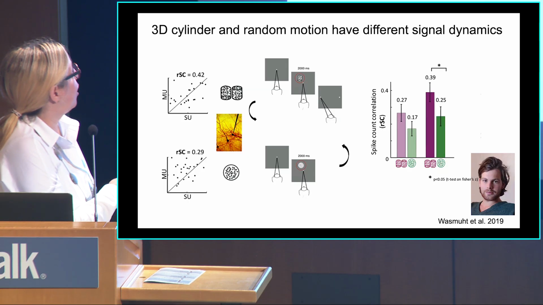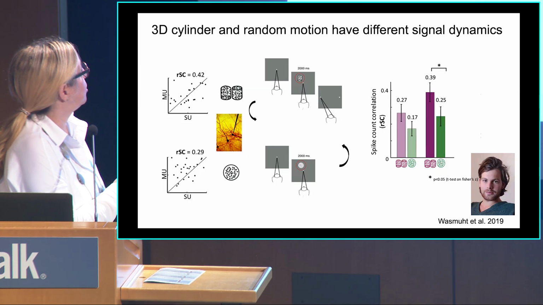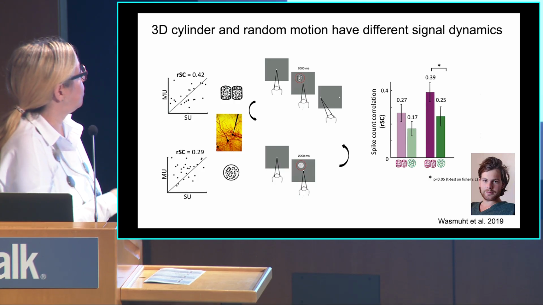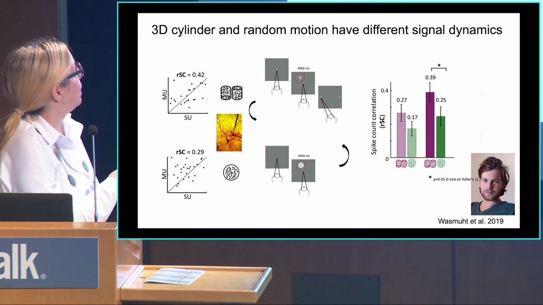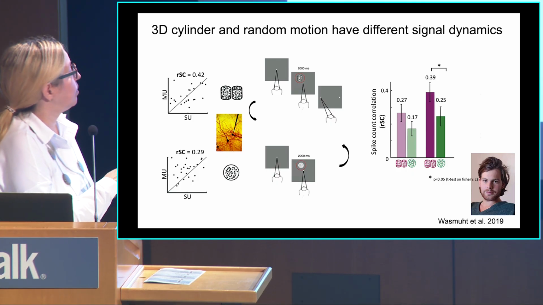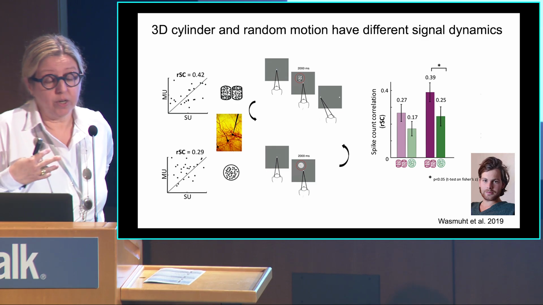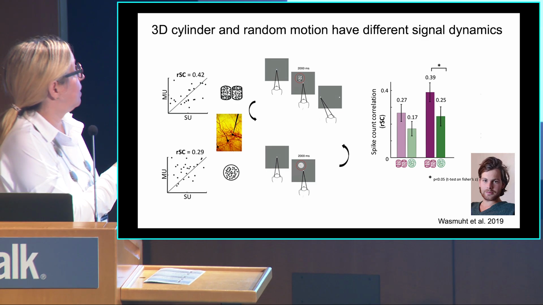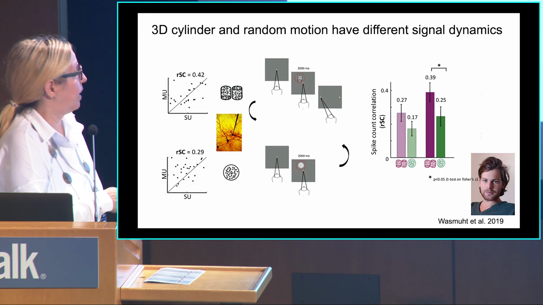And we did this first by looking at spike count correlations between the local single unit and the multi-unit at the same site for the rotating cylinder, the bistable one, and the random motion stimulus. And so you can see in this example that the correlation is much stronger. They share a lot more noise. They're closer linked to each other when the cylinder stimulus is on than for the random motion.